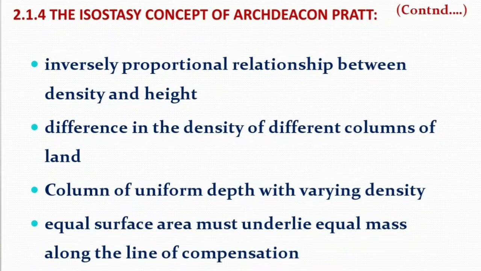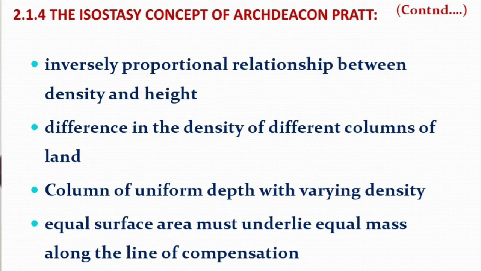In the view of Pratt, there is an inversely proportional relationship between density and height of the reliefs. Therefore, for land features above the level of compensation there is a difference in the density of different columns of land, but below it there exists equal density.